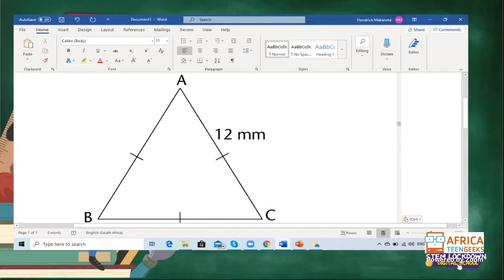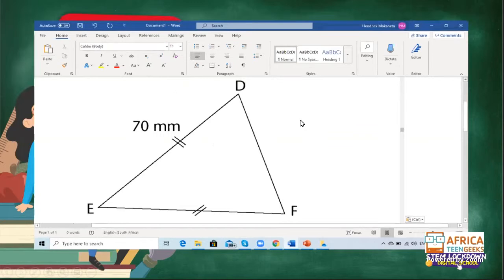So we are not going to waste a lot of time. We are just going to proceed with our lesson, looking at the next one, which will probably guide us. We have triangle DEF. DEF is our new triangle, and this triangle is a bit different from the other one.